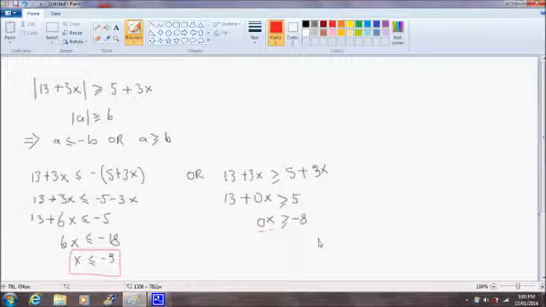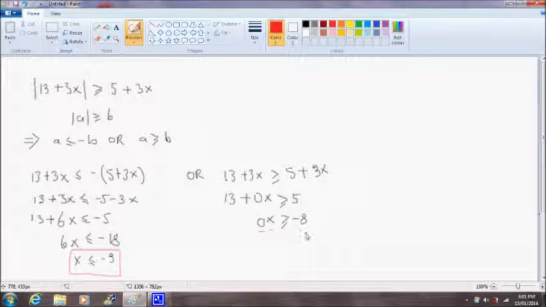Well, there's no possible value of x for which this statement is not true. So x could be, say, negative 5. So 0 times negative 5 is still greater than or equal to negative 8. x could be, say, 1000. So 0 times 1000 is greater than or equal to negative 8.